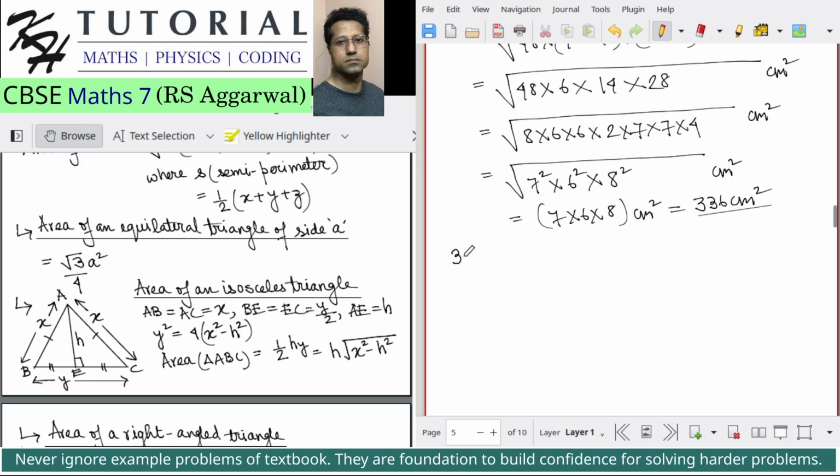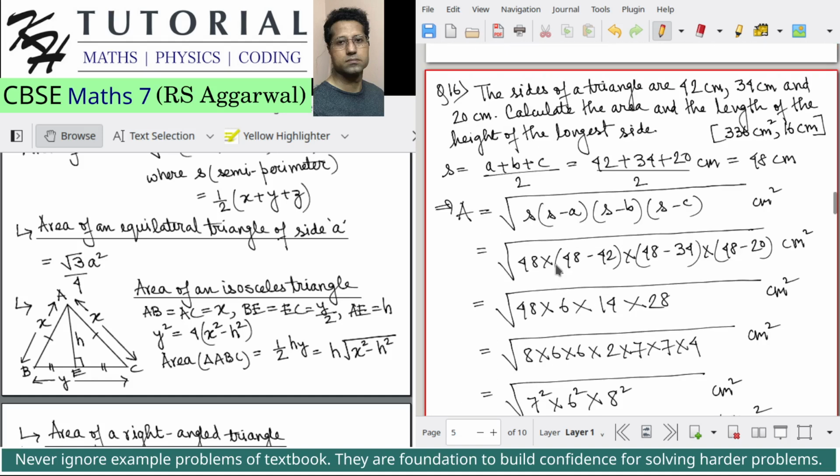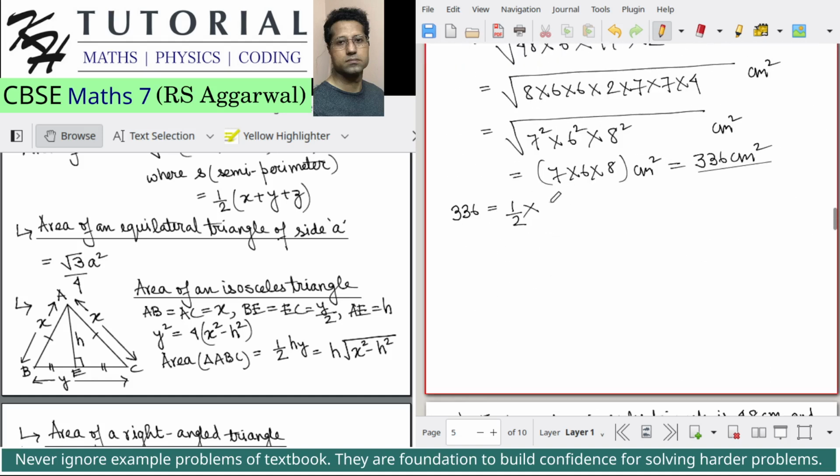So we have area is equal to half the side. If we consider the side of length 42 centimeter as the base, and h is the height corresponding to the side of length 42, this will imply h is equal to 336 multiplied by 2 divided by 42, this much centimeter, which is 16.